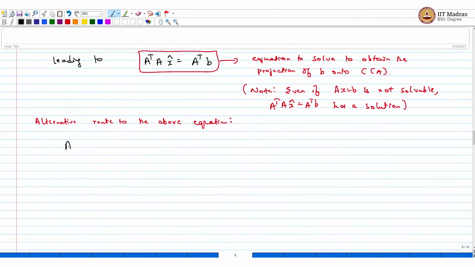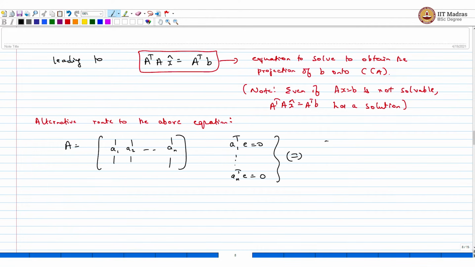So let us say the matrix A to start with is composed of columns a1, a2, until an. It's an m cross n matrix, and now we know that e is orthogonal to each one of the columns. So you have a1 transpose e equals 0, and so on, up to an transpose e equals 0, because e is orthogonal to all of them.